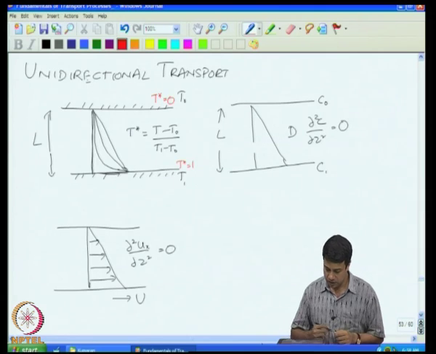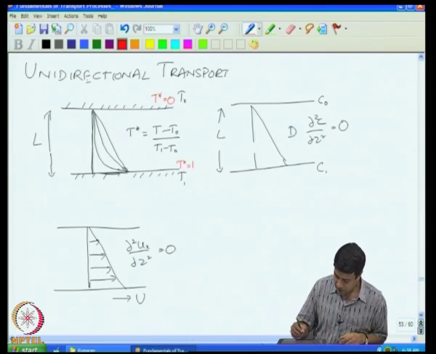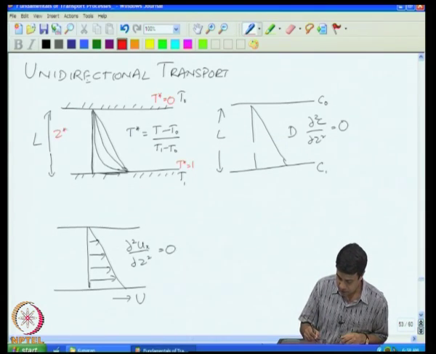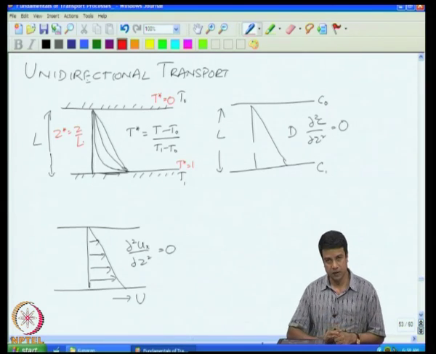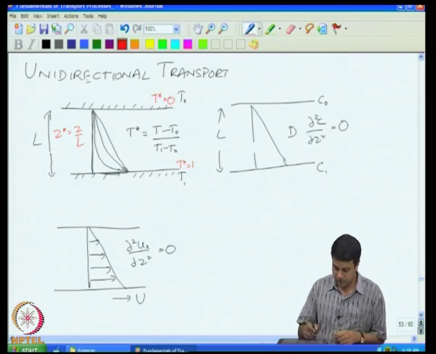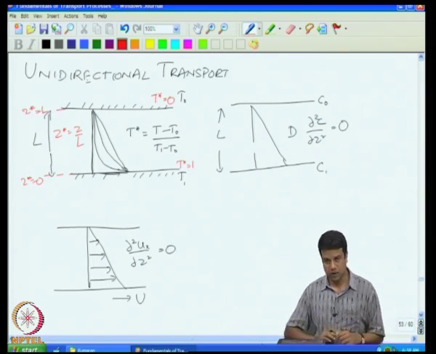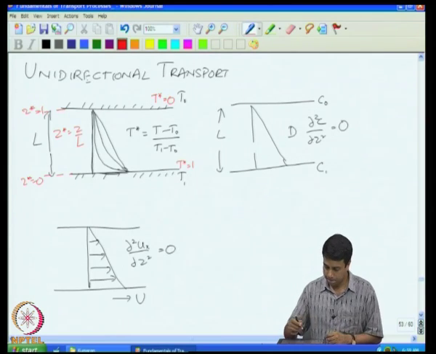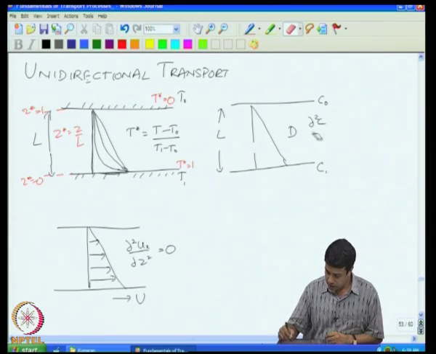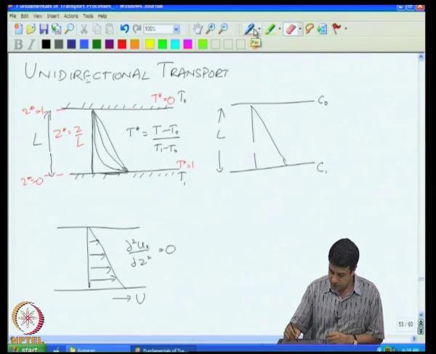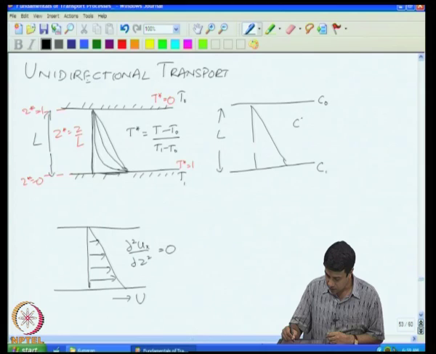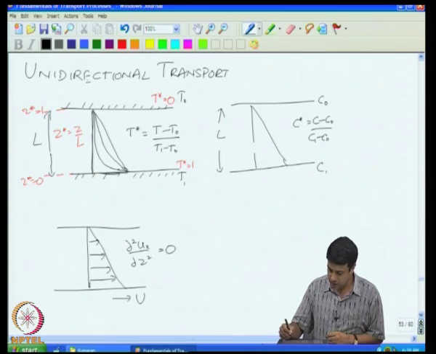I could define a scaled length, z star is equal to z by L. In that case, z star varies from 0 at the bottom to 1 at the top. In the case of the concentration field, I could define C star is equal to C minus C0 by C1 minus C0.